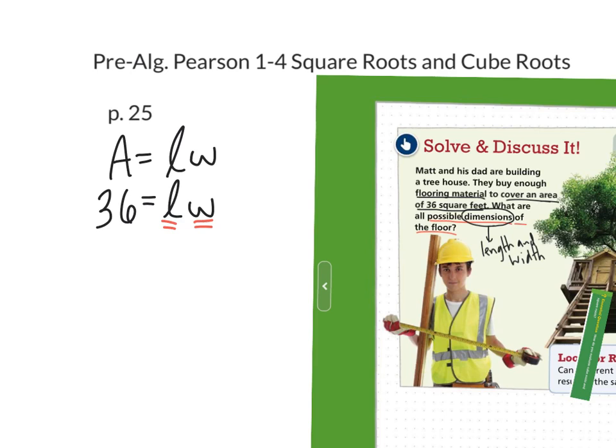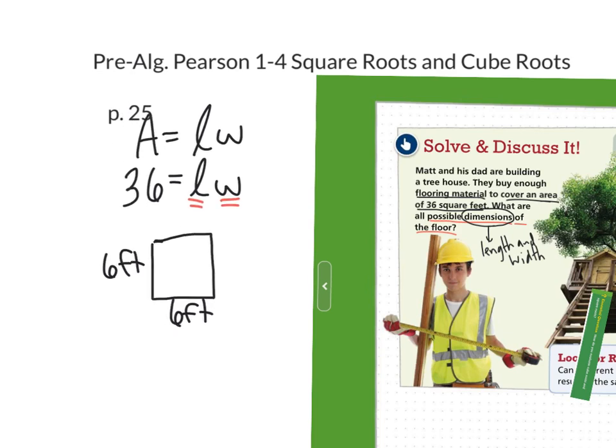So one option you might have thought of is if we have a perfect square, 6 feet by 6 feet. That would be one option that would give us this area of 36.